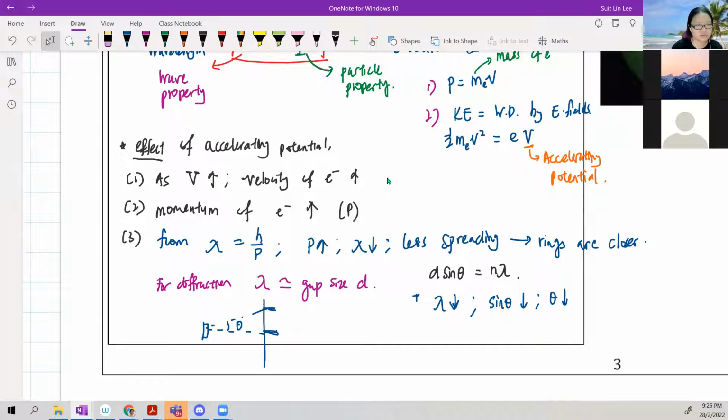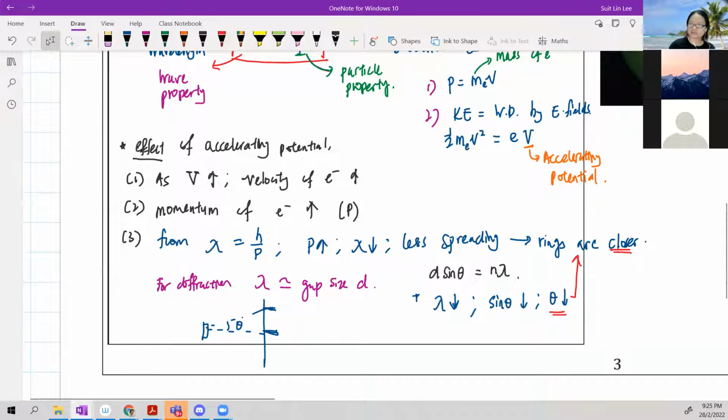Here to here is your theta. If theta becomes smaller, the lines are closer together. So theta decreasing just means the rings are closer. Sometimes they will ask what happens when the accelerating potential is increased or decreased. This is what happens when it increases. When it's decreased, you just reverse the explanation. So that's accelerating potential for you.